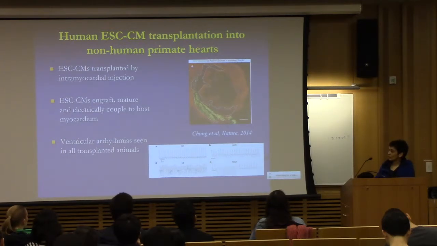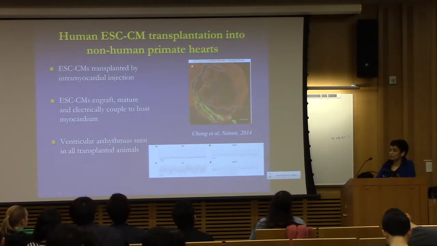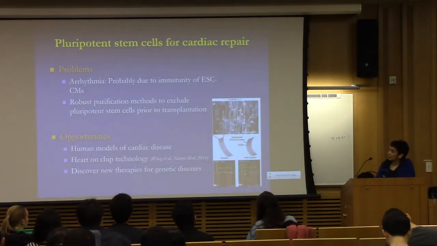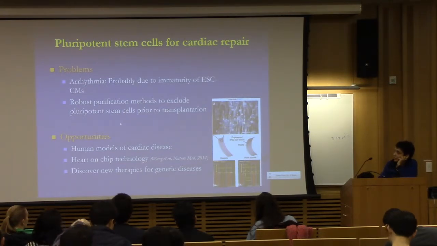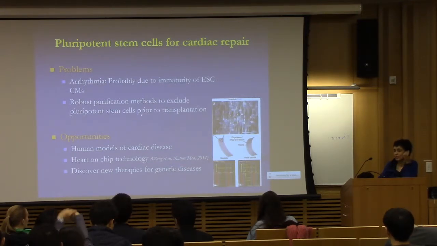So essentially the conclusion is that you have to not only get lots of cardiac myocytes from these cells, but you also need to mature them so that they're not electrically active in terms of generating automaticity and producing arrhythmias. So arrhythmia is probably due to the immaturity, and we also need robust purification methods to exclude pluripotent stem cells, because otherwise you can get teratomas.